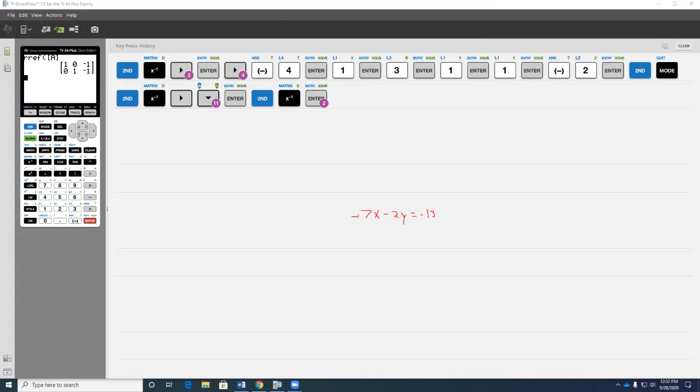And x minus 2y is equal to positive 11. Now, luckily, this problem is already in standard form. In other words, I already have the x column here, I have the y column, and I have the constant column. I don't have to rewrite this. So that's one good thing about this.